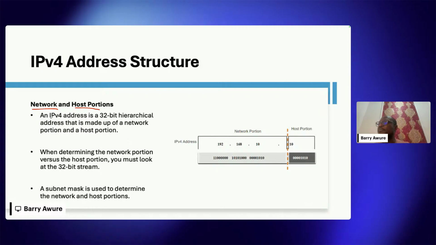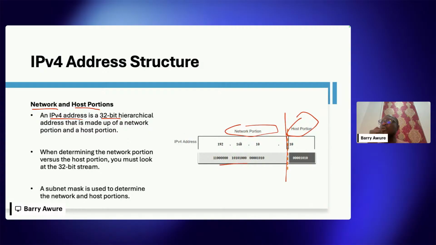IPv4 is 32 bits hierarchical. Those are good for theories, right? You can read that up. But what we are looking at practically is the fact that for every IP address that is given to you, there is a network portion and there is also a host portion. You need to know as an administrator which part is the network and which part is the host, right?